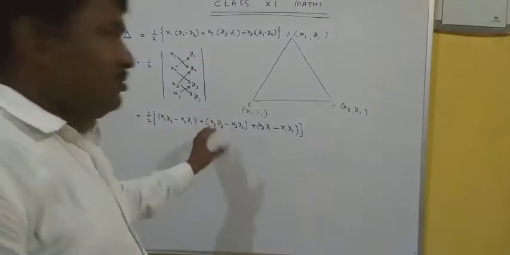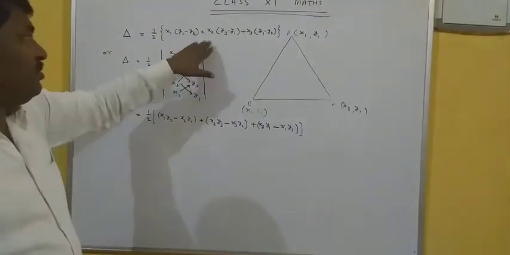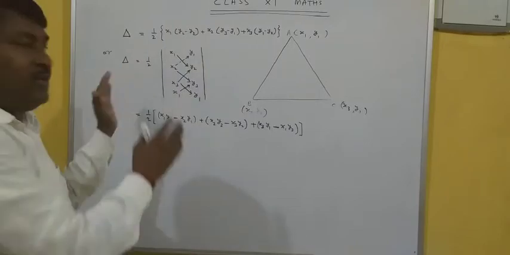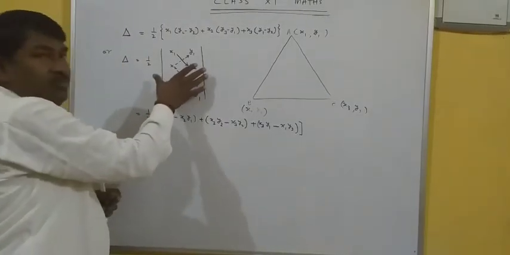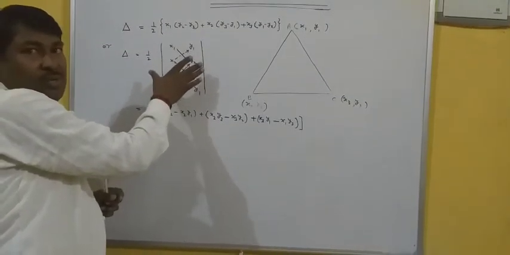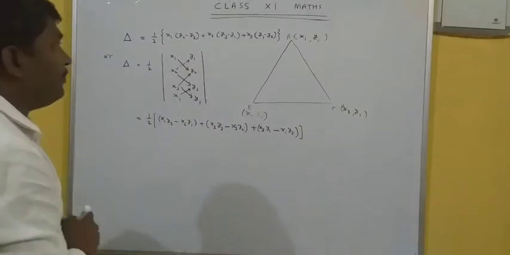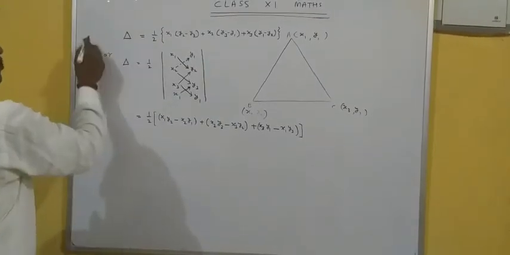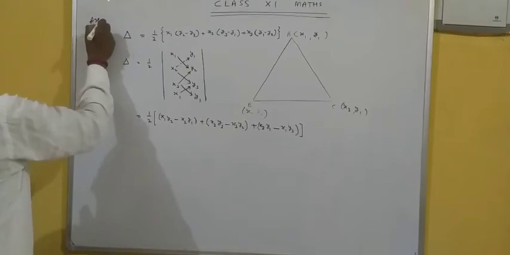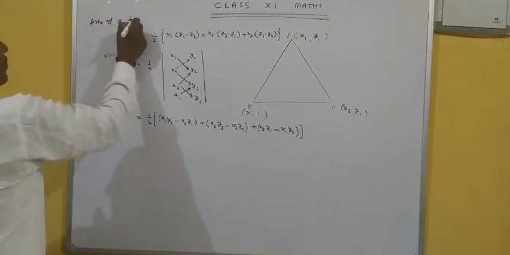In this way, this one is the same formula as we have written here, only the difference is the form, and it is easy to learn. The same way, this is the formula to calculate the area of a triangle.